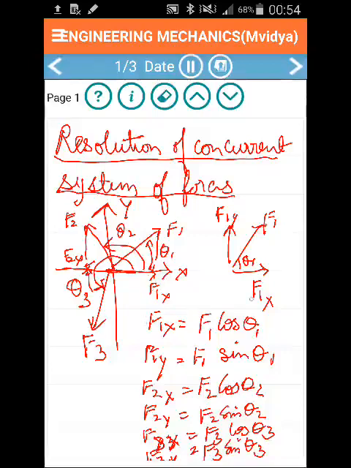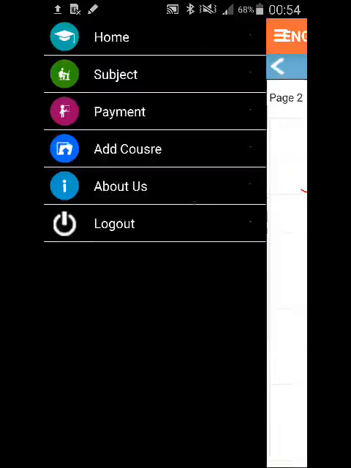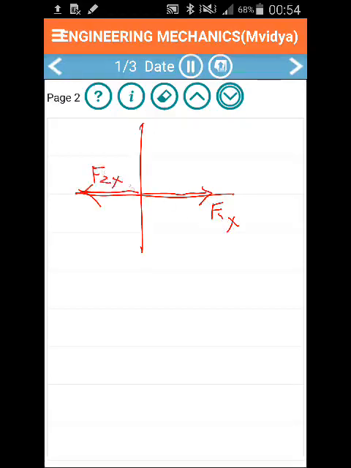Since the x components of the forces are along the same line, let me take the next page. This is my F1x along this direction, my F2x is in this direction, my F3x is also along the x axis.